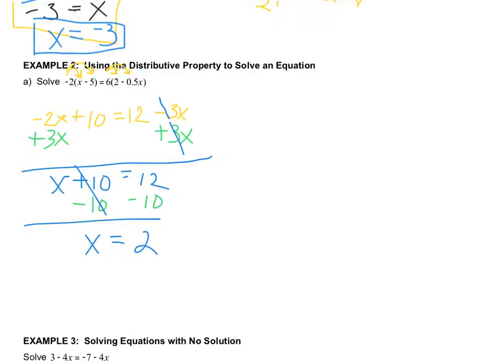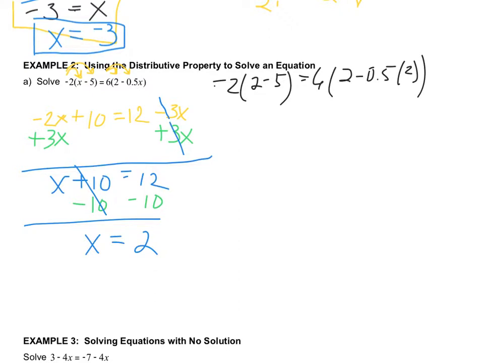Now here again, this would be a good one to check just to make sure we haven't made a mistake someplace. So when I do my check, negative 2 times, now the x becomes a 2, minus 5 equals 6 times 2 minus 0.5 times 2. So remember again, the x changes to the value of a 2.